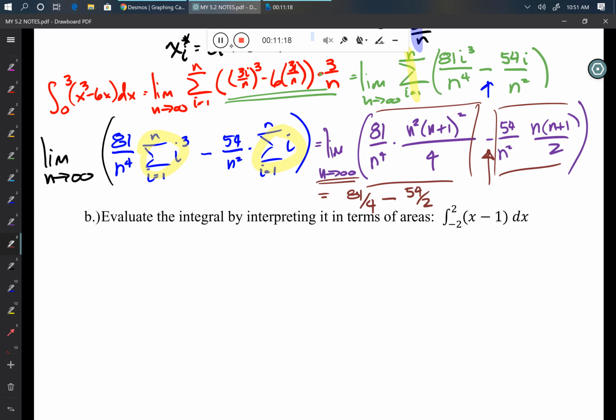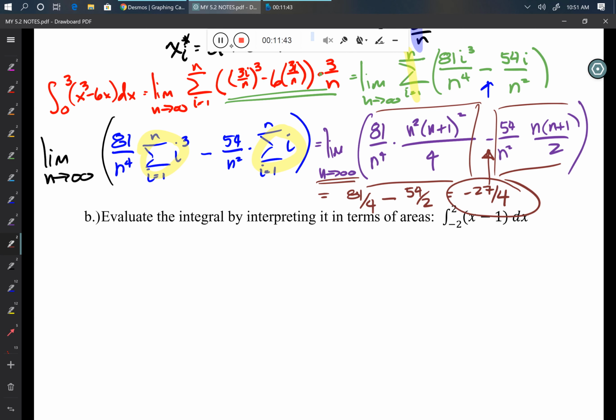I'm going to grab my calculator to evaluate that. So that's going to give me 81 divided by 4 minus 54 divided by 2, and I get negative 27 fourths. Negative 27 fourths is our final answer.